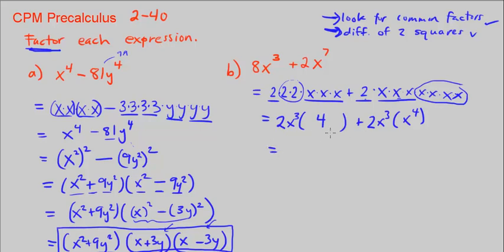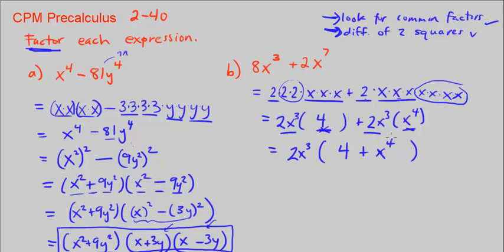So then, how do we factor this term out of both of them? Well, we write it up front, and it's going to be multiplied by this term, 4, plus this term, x to the 4th. Okay? So that's how we pull out the term 2x cubed, and this is factoring out 2x cubed from 8x cubed plus 2x to the 7th.